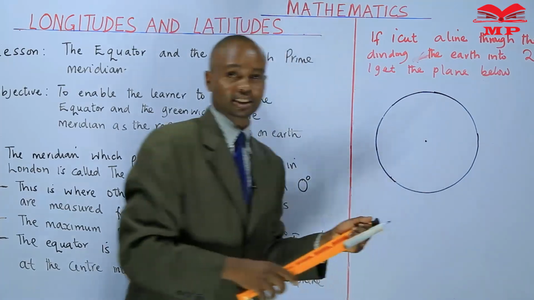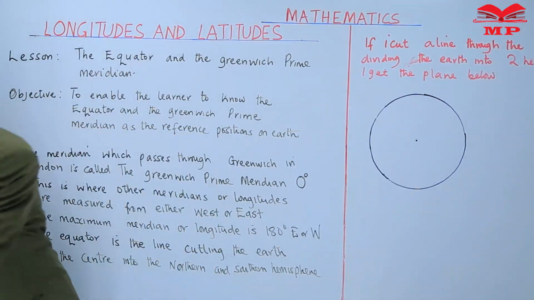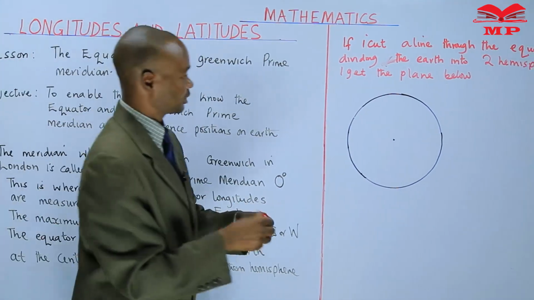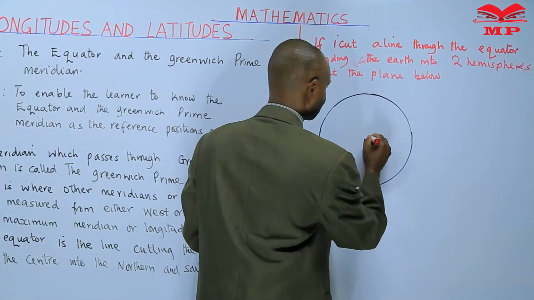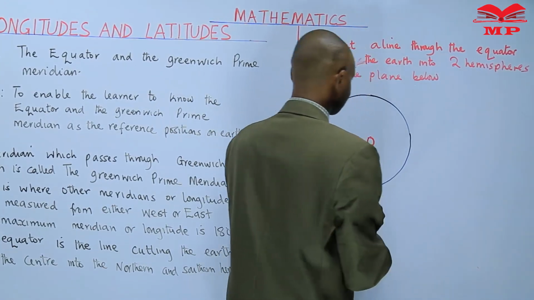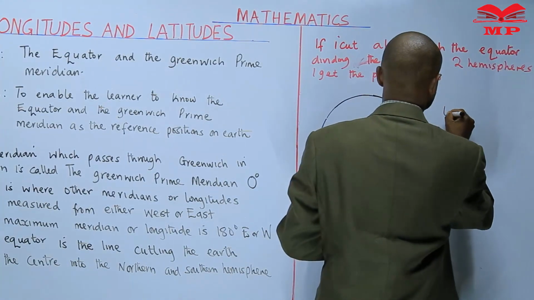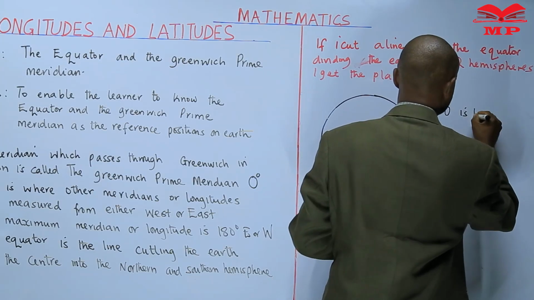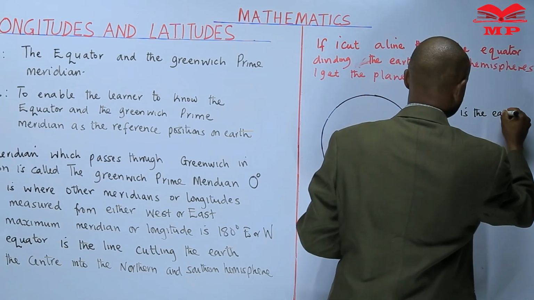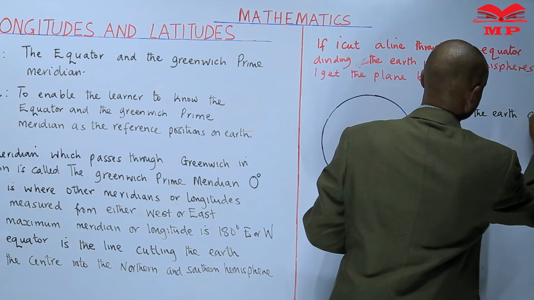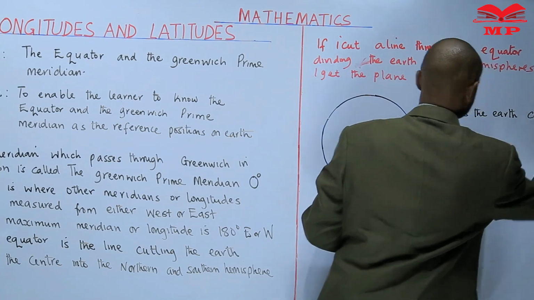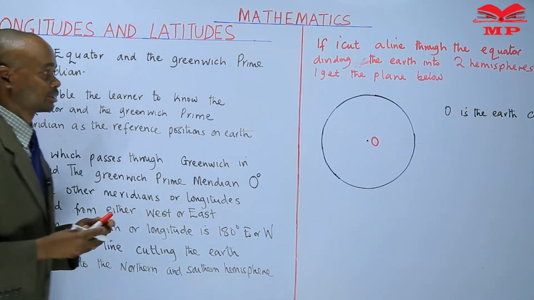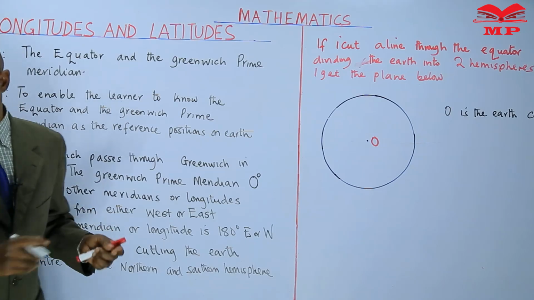It's like an orange I've cut into two, learner. So there is O. O is the center of the earth. So I'll draw lines.